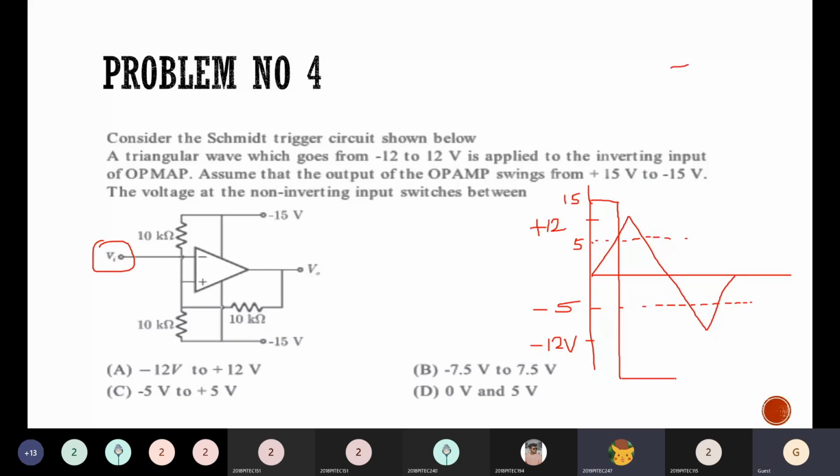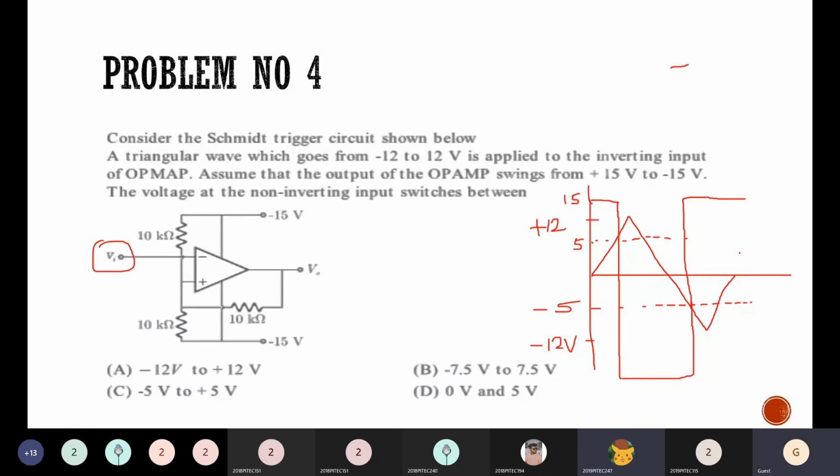So minus 5 volts till this, and once your input is lesser than minus 5 volts, your output again switches to plus V saturation. Like this it will go on. So this is the input and output waveform between plus or minus 15 volts, and you have a triangular waveform in plus or minus 12 volts. Getting it? Understood? This is what we did in the example we saw in the last class, right?